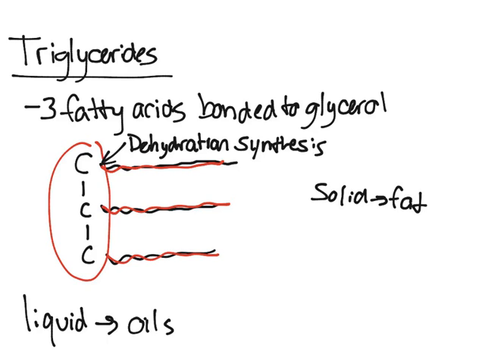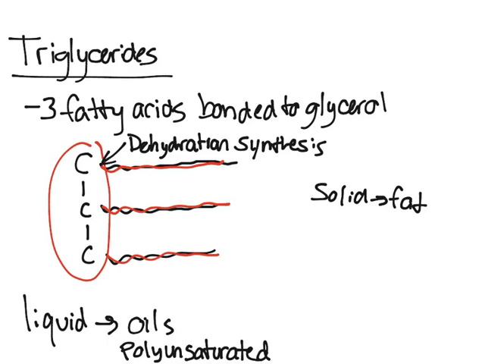And so liquid triglycerides are often polyunsaturated, and that's the result of the molecular shape of the triglyceride. It essentially bends, so it's not stacked up nicely like a solid, like butter, for example.